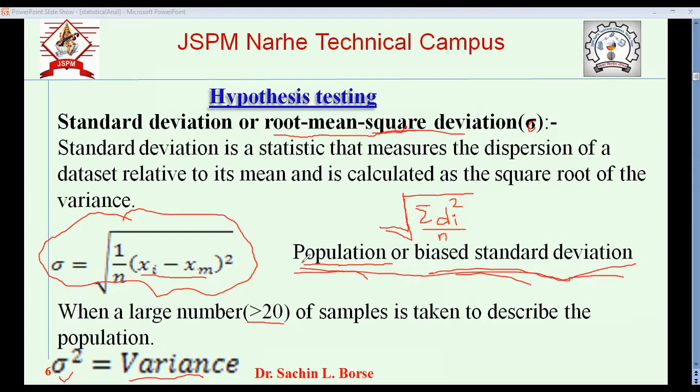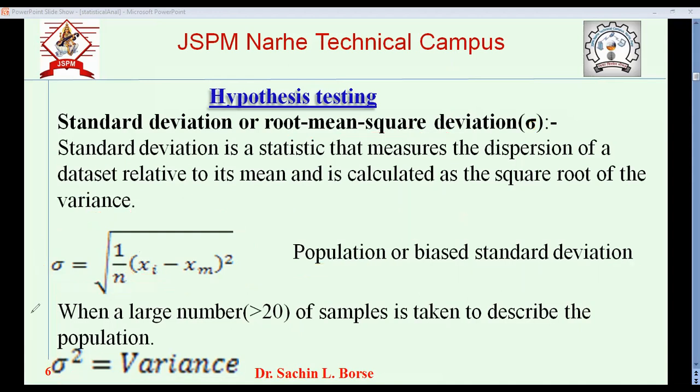It is also called population or biased standard deviation. Now we'll see, if the number of readings is less, what is the formula for the standard deviation? This formula is for a very large number of readings, so it is called the population standard deviation.